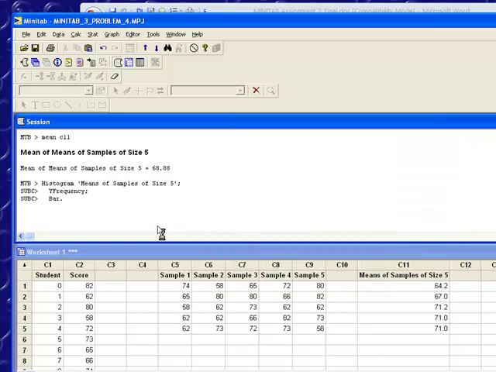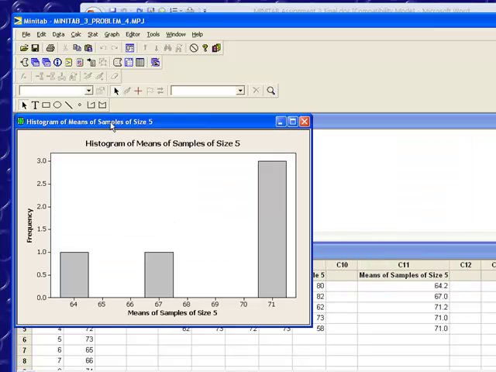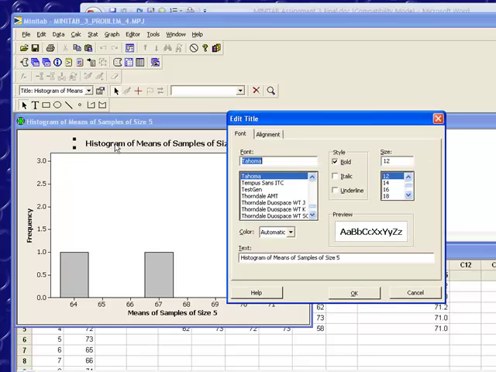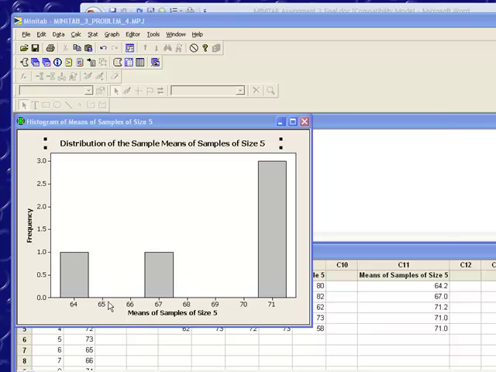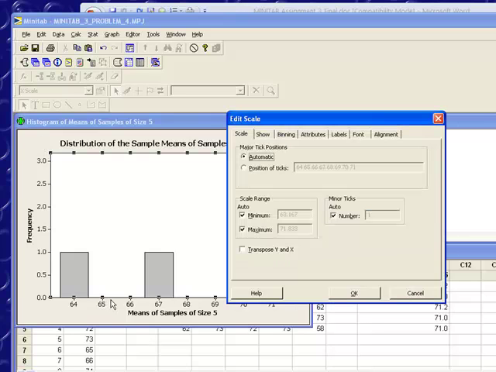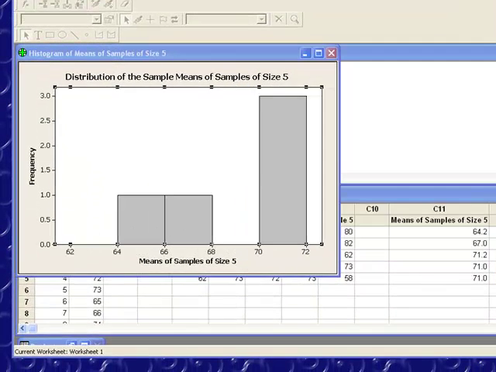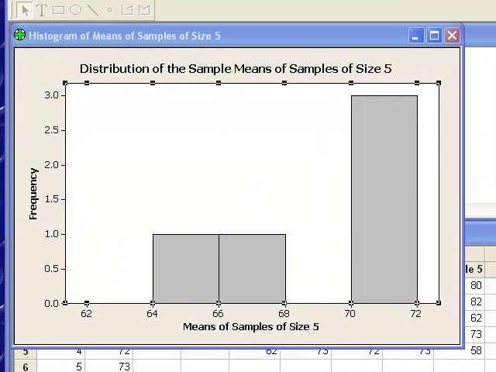Remember, whenever we do a histogram, we want to make the title "Distribution of...", so we change all this stuff out. I might not want so many classes, so I'll change my binning. There we have it with 5 different bins, and we can still see that the midpoint is somewhere between 68 and 70, probably around 69 or so, just by looking at the histogram.